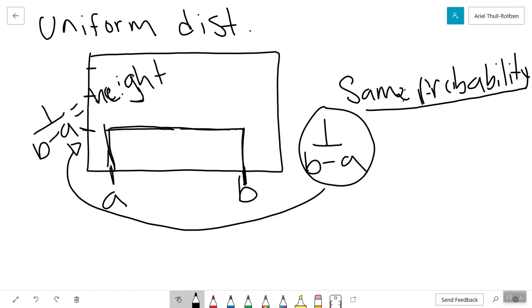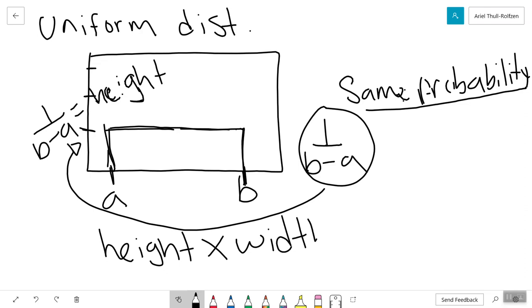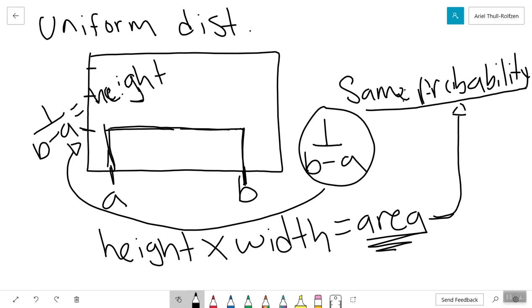I didn't know this was geometry. I thought this was statistics. Well, when we take the height times the width, we get the area. And this area is actually going to be our probability.